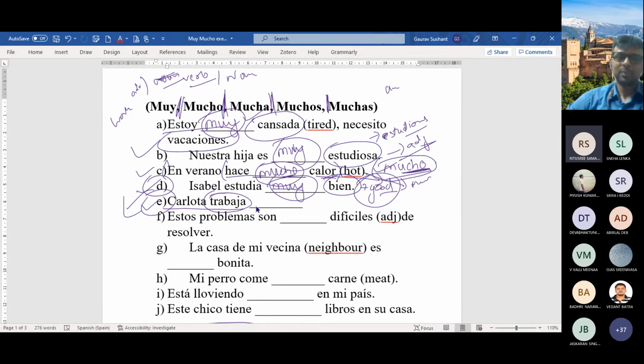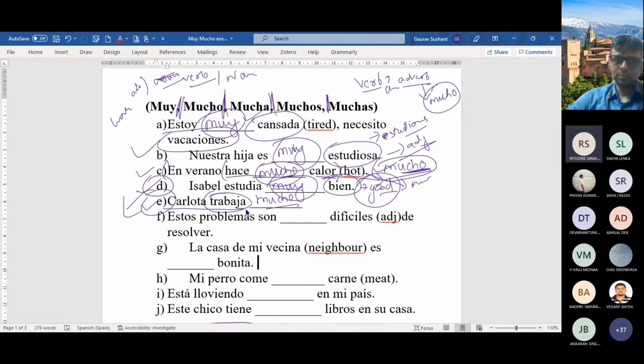It should be a verb. So if it is a verb, then we should use only an adverb. Which is the adverb here? Only mucho. So Carlota trabaja mucho is your answer.